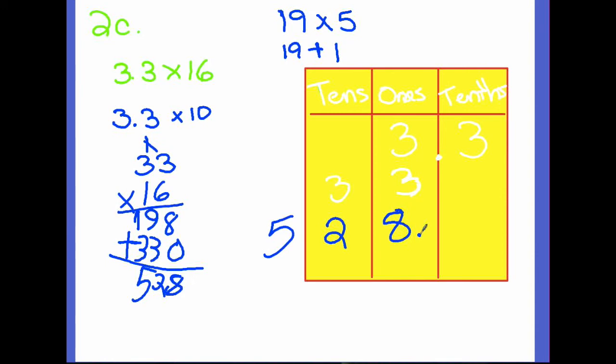To the left or to the right? To the left. So if we divide by 10, our decimal's going to go to the left. That's right. And the numbers go one place to the right. So the answer would be 52 8/10.